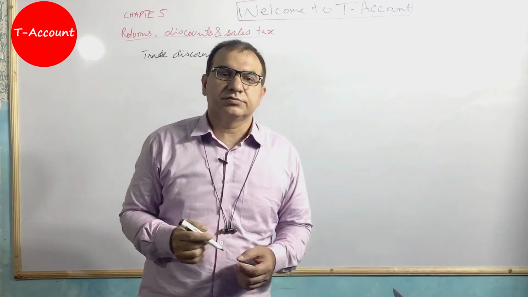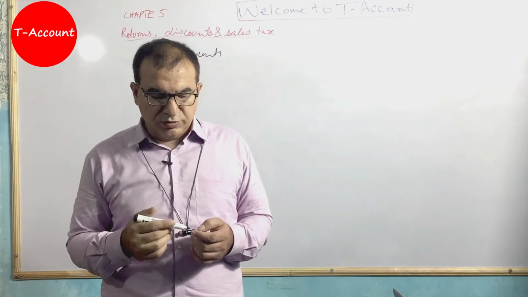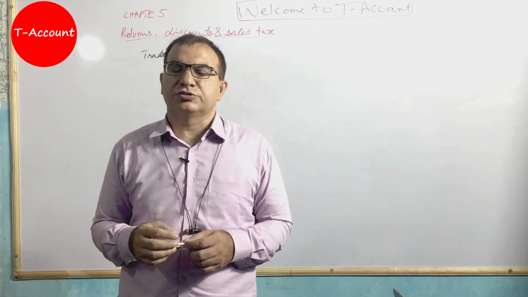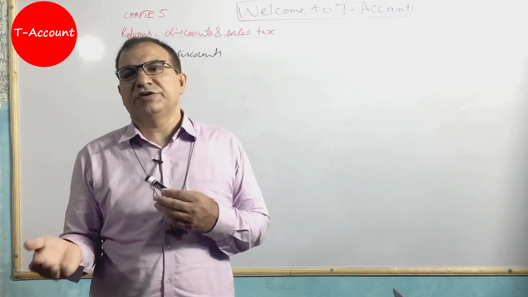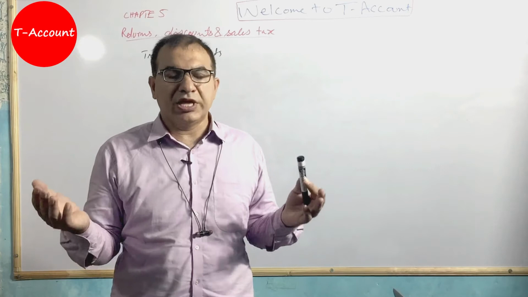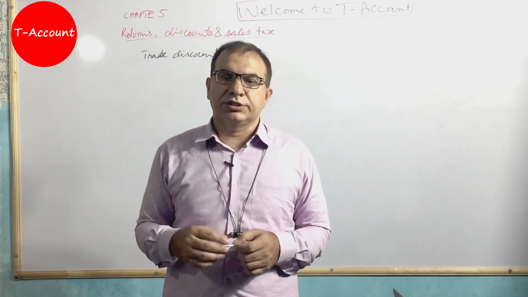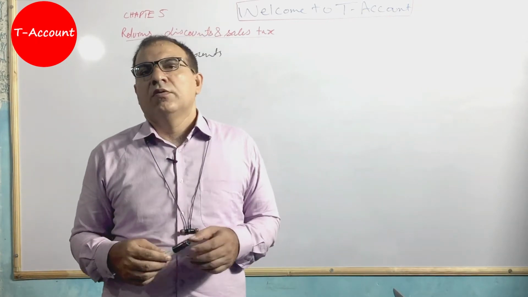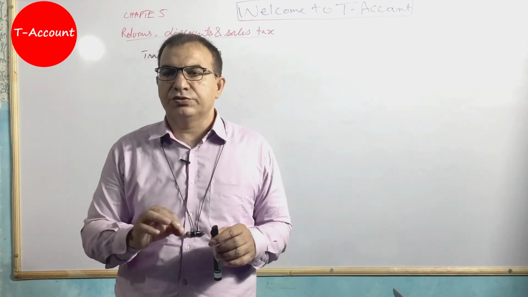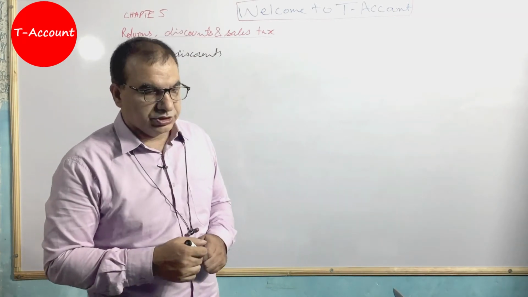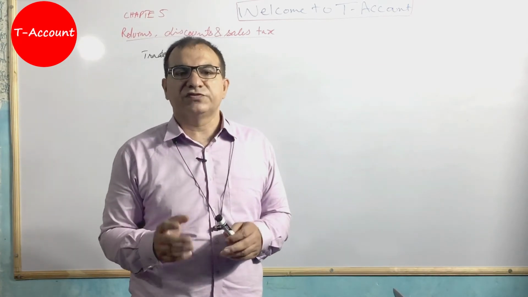Trade discount is basically to increase sales, to increase the volume of sales or attract more customers. Sometimes, from the same customers, if you want to attract them to make bigger orders, you can offer them a discount in price. For instance, you can tell them, if you buy more than 1000 units, we'll give you this percentage of discount. So this is a definite decrease or reduction in price at the time of sales.